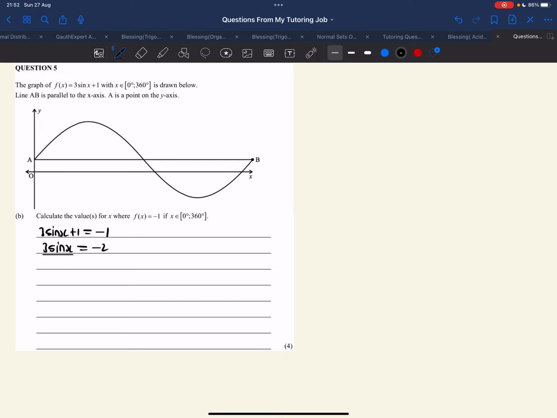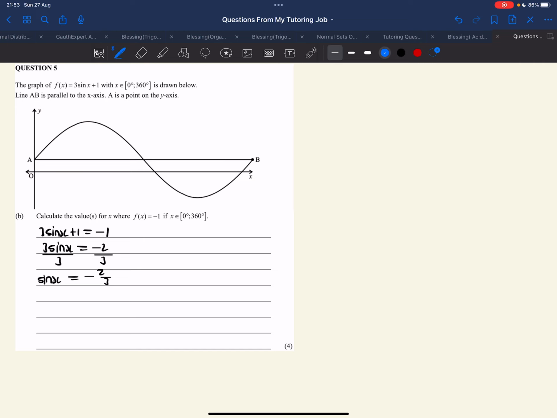Then we're going to divide both sides by 3. Then we're going to get sine x equals -2 over 3. Alright, so we have sine x being equal to -2 over 3.